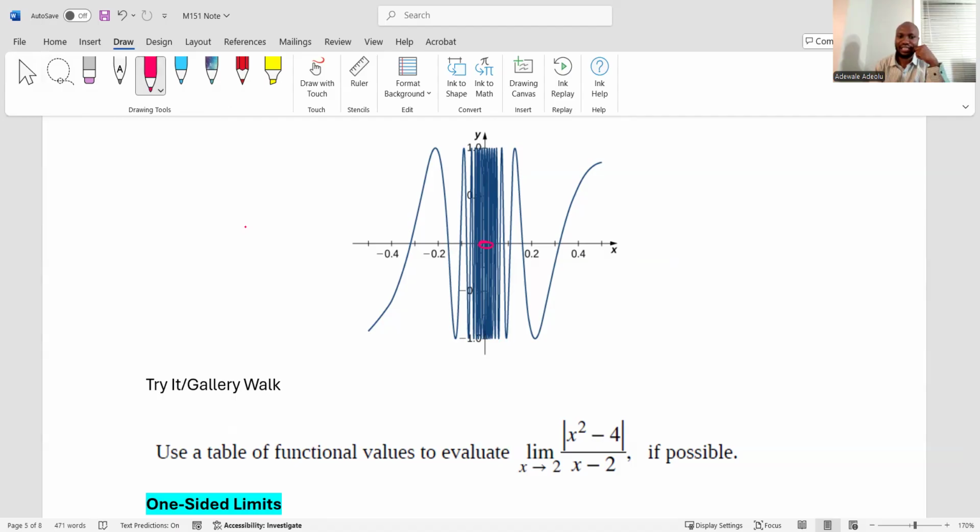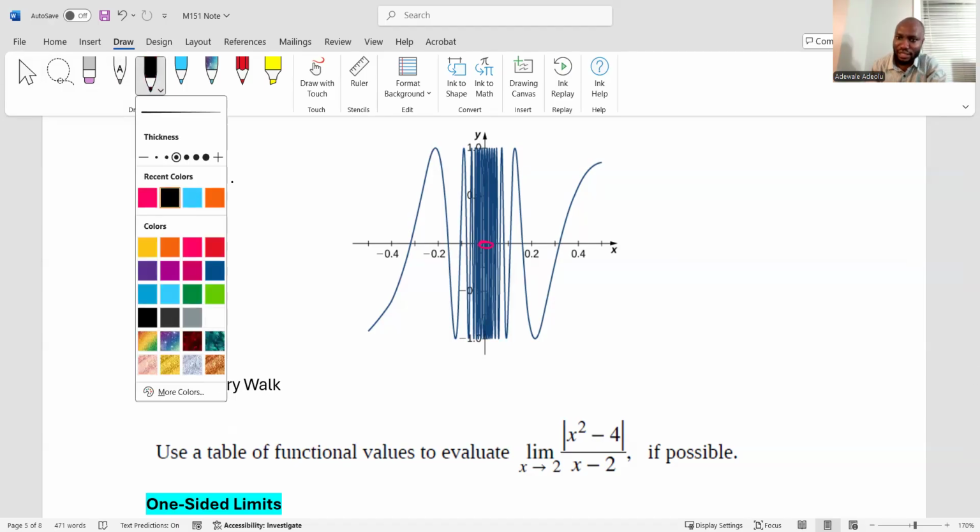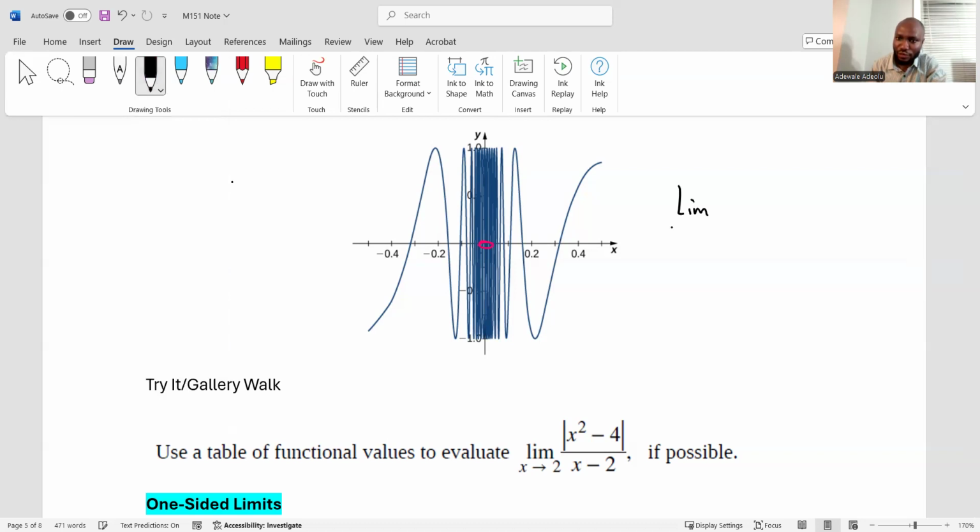So in that case, what do we write in that situation? We say the limit of that particular function, sine 1 over x, as x goes to 0. Watch this, guys. Our claim is that the limit does not exist. Please do not write equals to does not exist. It doesn't make sense.